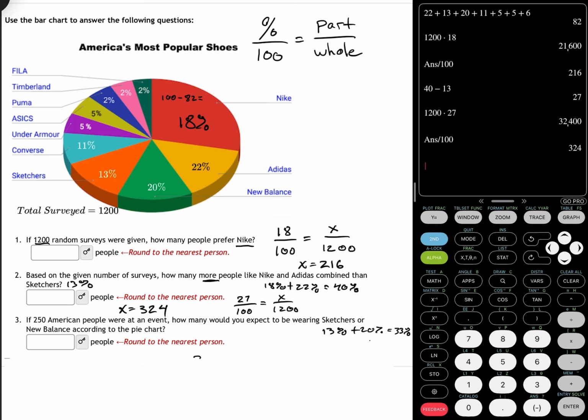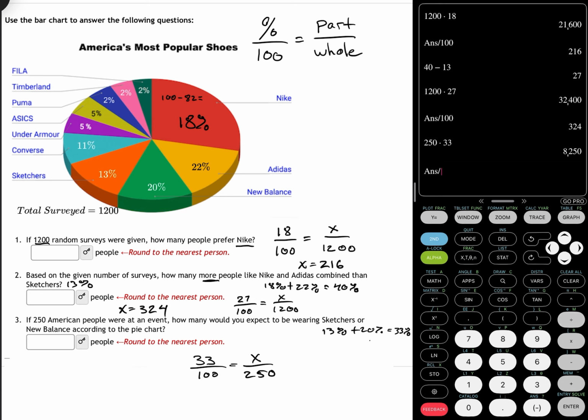So you set up your percent out of the whole. So 33 out of 100 is equal to X, not out of 1,200 now, but out of 250 at this new event. And you cross multiply and divide: 250 times 33, and then you divide that by 100. So that would be 82.5, and it says round to the nearest person, so that would be 83 people for this particular problem.